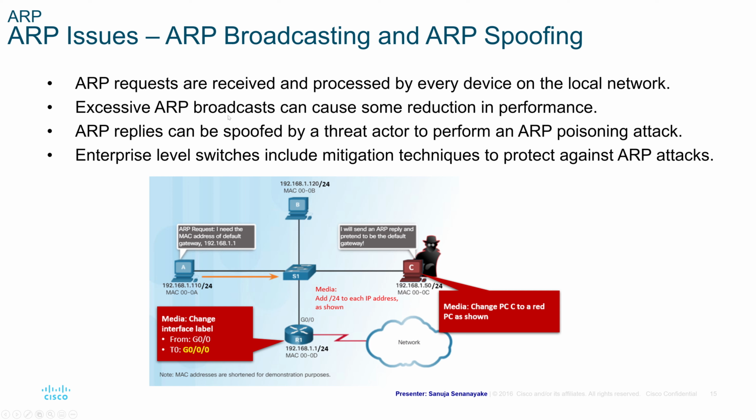They include ARP broadcast, which could create network congestion, and ARP spoofing by a threat actor that could cause an ARP poisoning attack. For now, just remember that ARP broadcasting and ARP spoofing have some vulnerability issues in our network systems.